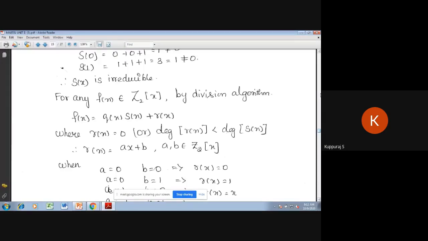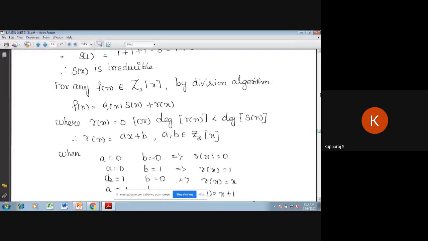So I am assuming r of x is equal to ax plus b, where a and b belong to Z2.